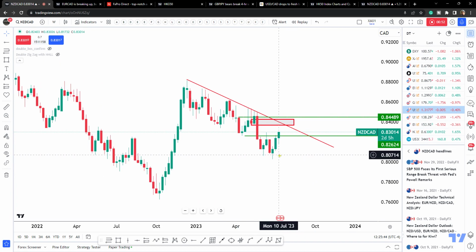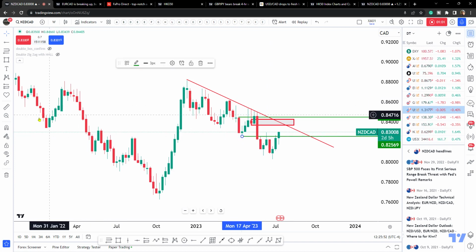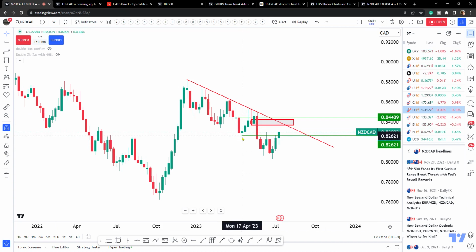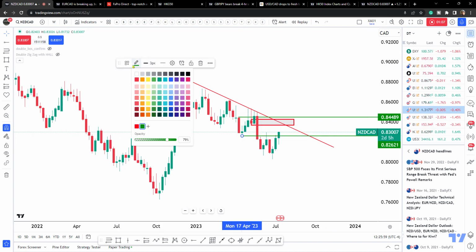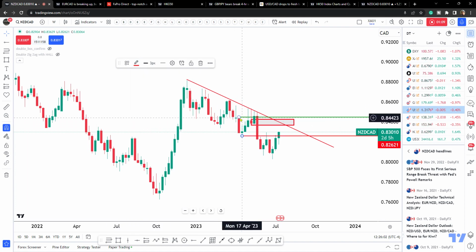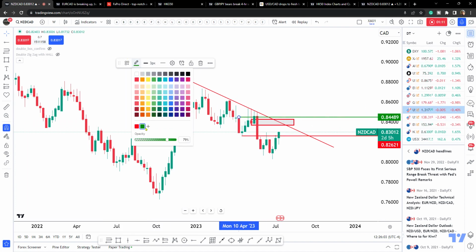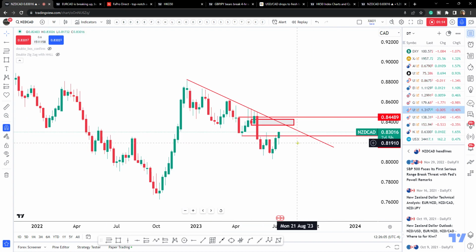We have a scenario where we've broken this potential resistance, what was potential resistance as a level.